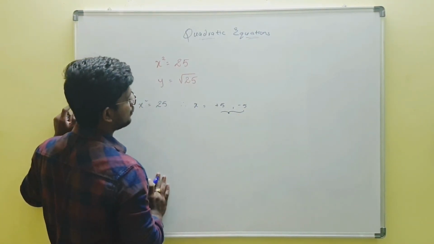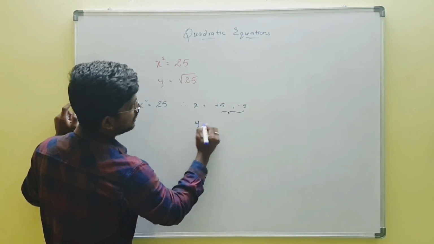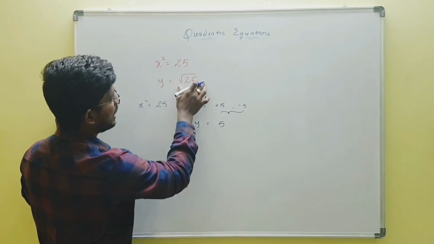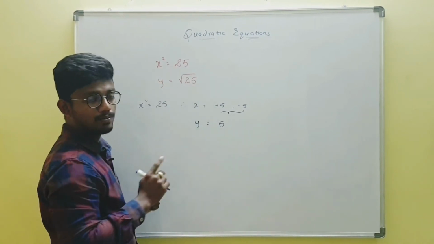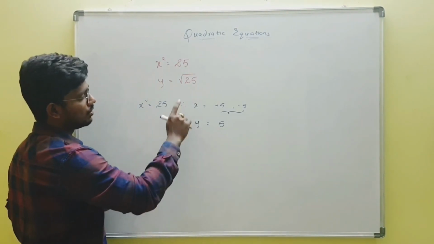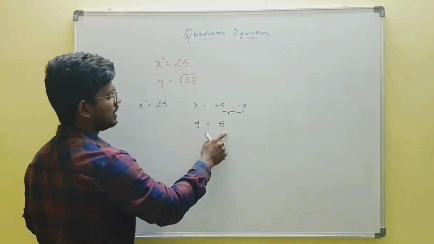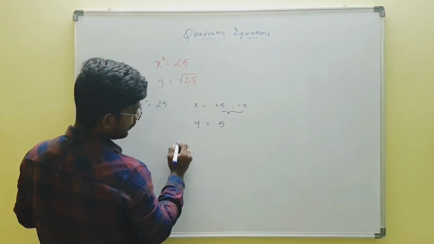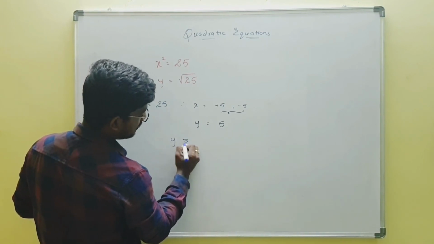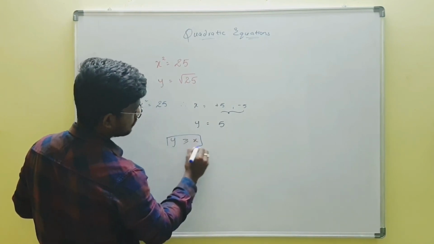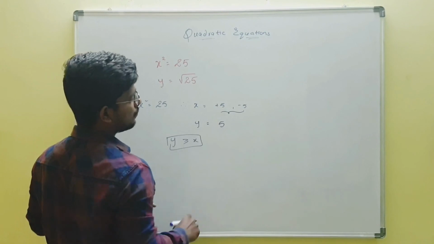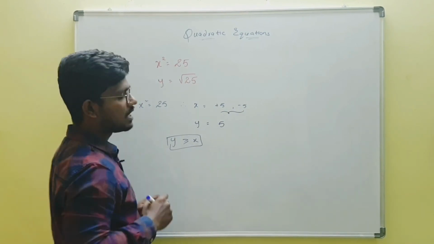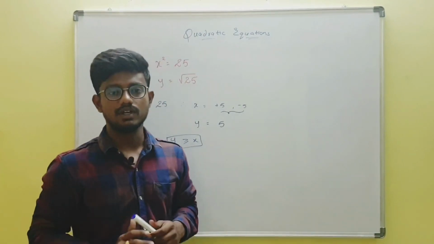And y is equal to root 25. Root 25 is equal to 5. Minus 5 can't happen here because root 25 cannot be negative. So y is equal to 5. Therefore we can say that y is greater than or equal to x. 5 is equal to 5 and 5 is greater than minus 5. So directly I can say that y is greater than or equal to x.